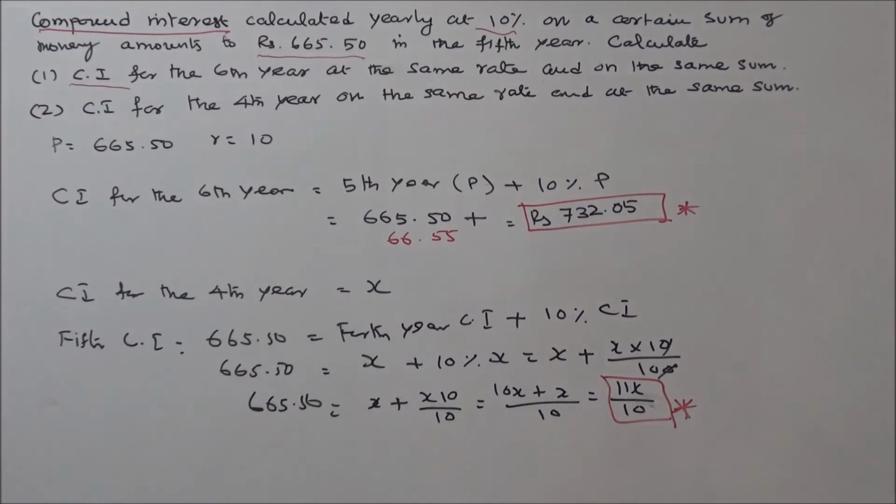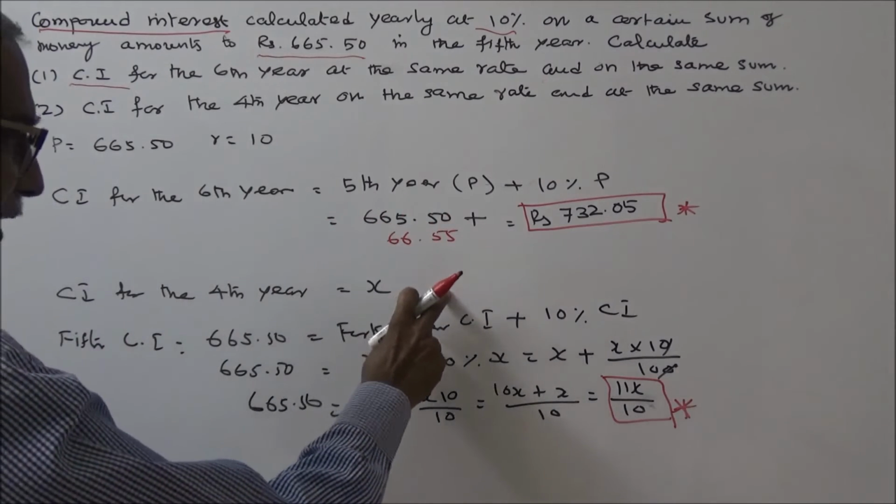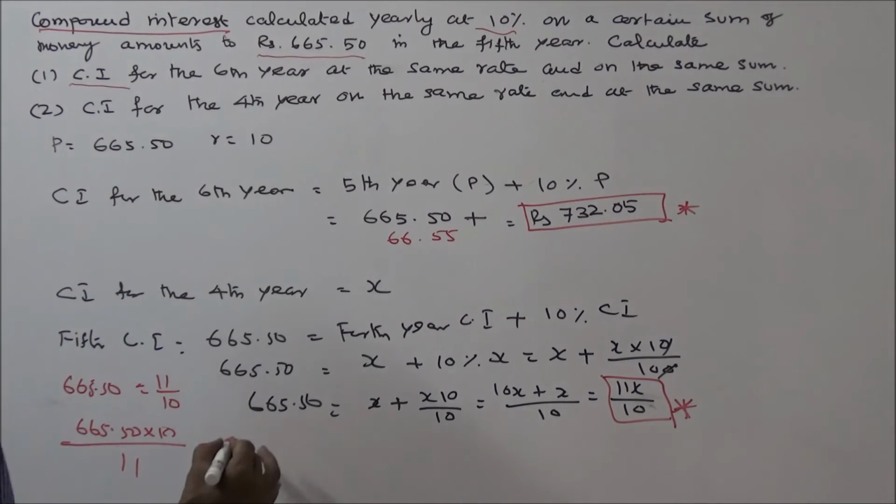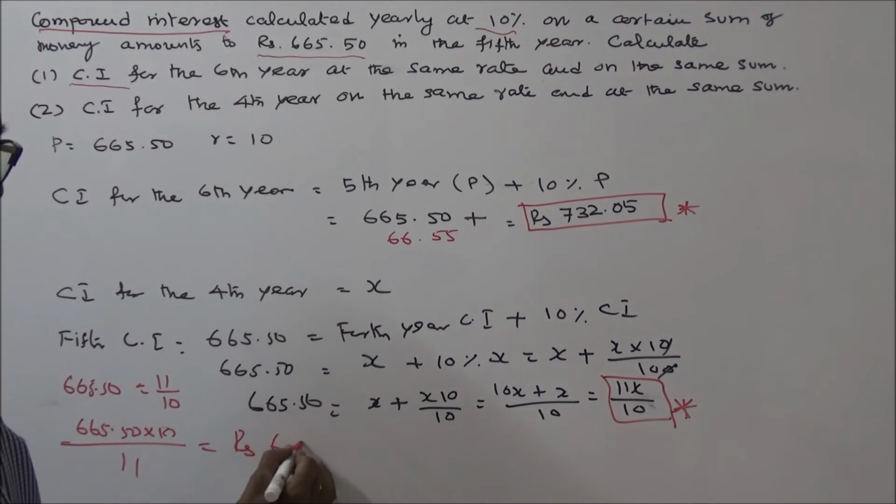The fifth year compound interest is the fourth year compound interest plus 10% of it. That will be the value. We simplify: 665.50 is equal to 11 by 10 of x, so x is 665.50 into 10 divided by 11, which is rupees 605.